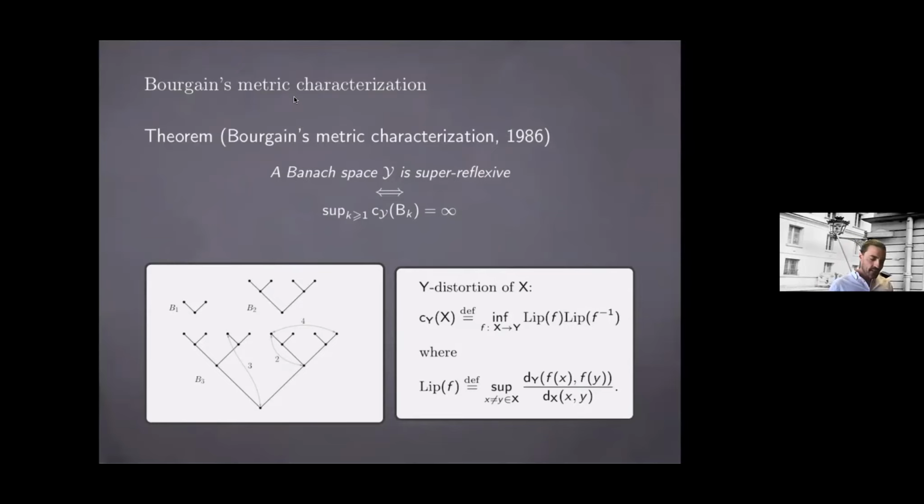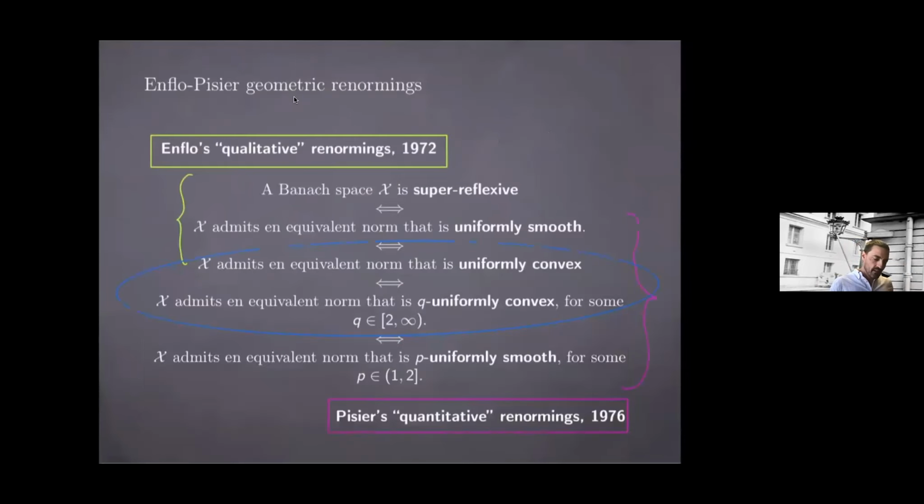Today I will be mostly interested in understanding the rate of growth here. It goes to infinity, but how fast does it go to infinity? Can I estimate this in terms of the height of the tree? To do that, and this was already included in Bourgain's proof, superreflexivity is not the right notion to work with.